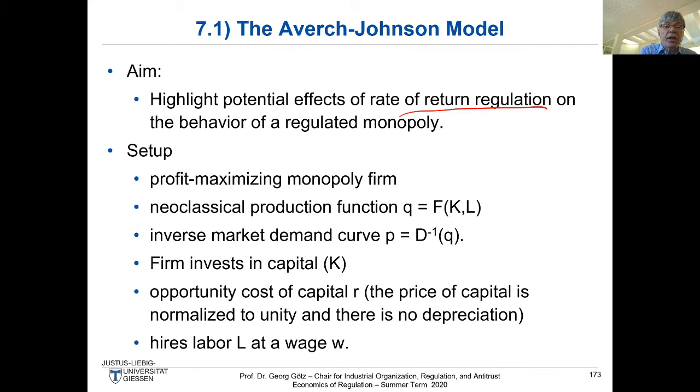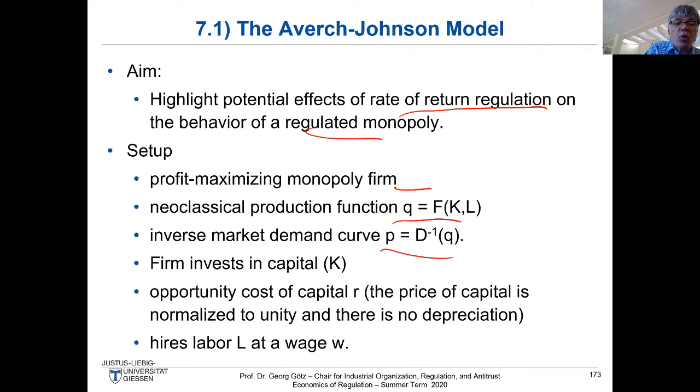So you might have strategic behavior by the monopolist. And I just want to highlight that by showing you the Averch-Johnson model right now. So you start with a profit maximizing monopoly, some standard production function, Q is a function of capital and labor, some inverse demand function, P is a function of Q, and a firm investing capital.